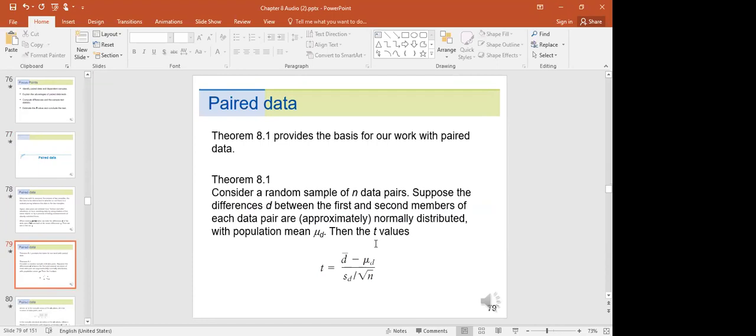So when we have paired data, what we usually do is to take the difference between the values in the pair. We have before and after. For example, I might want to test the strength of left and right hand and decide whether left hand is stronger than right hand for all individuals. So what I will do is that I will take each individual, measure the strength of his left hand and the strength of his right hand, and take the difference.